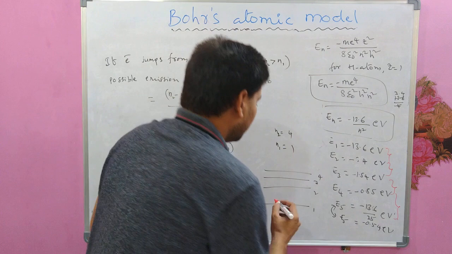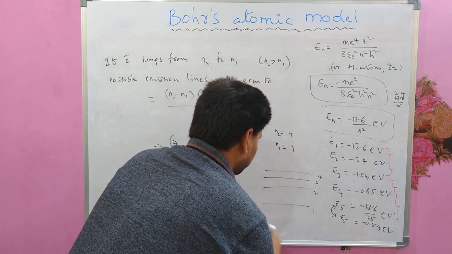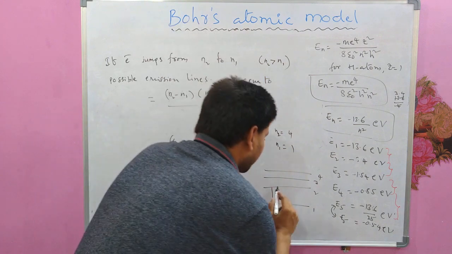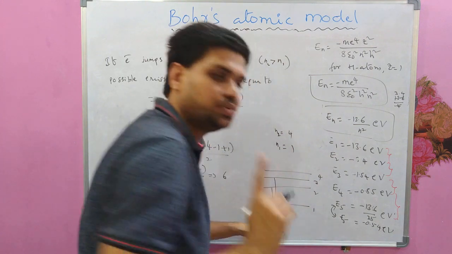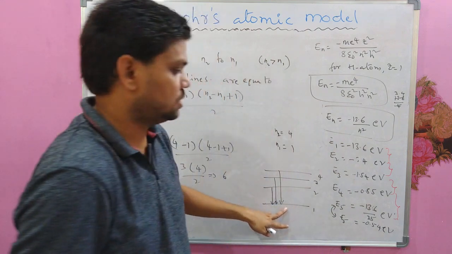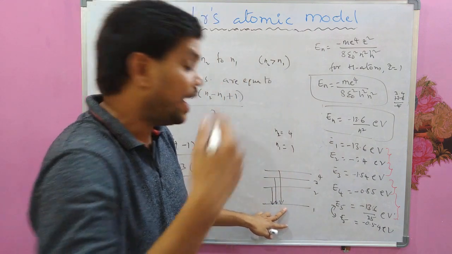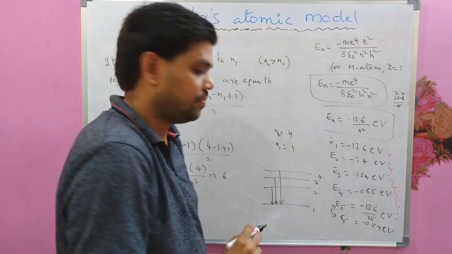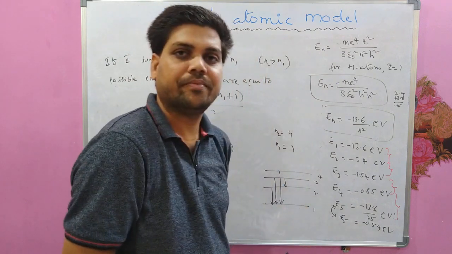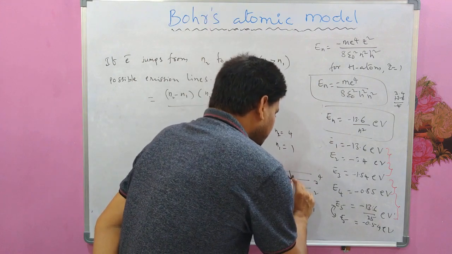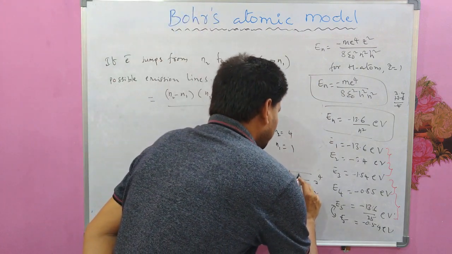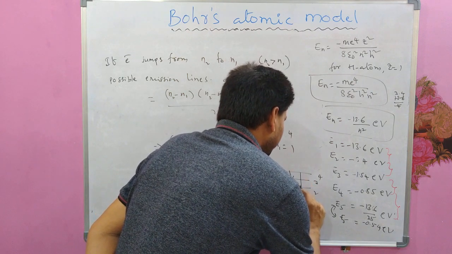How? N1 is 1, so this is possible, that is 1, and this is possible, that is 2, and this is possible, that is 3, and other possibilities are 3 to 2 is possible, 4 to 3 is also possible, and 4 to 2 is also possible.